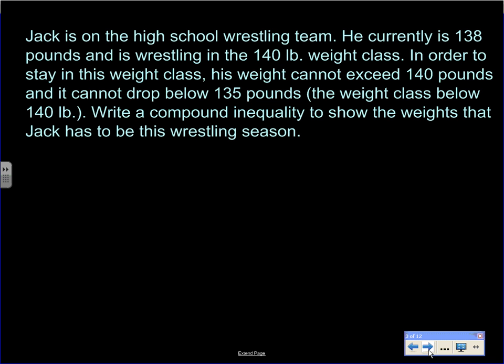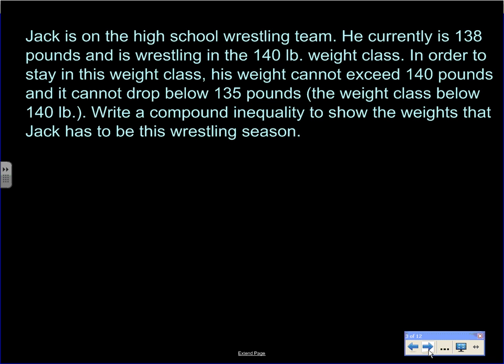If you move up, you're usually wrestling bigger guys, and so when you're a wrestler, you try to maintain your weight. If not, you try to lose a little bit of weight. There are regulations on how much weight you can lose, but let's figure out what Jack has to do here. He's on the high school wrestling team. He currently is 138 pounds, and he's wrestling in the 140-pound weight class.